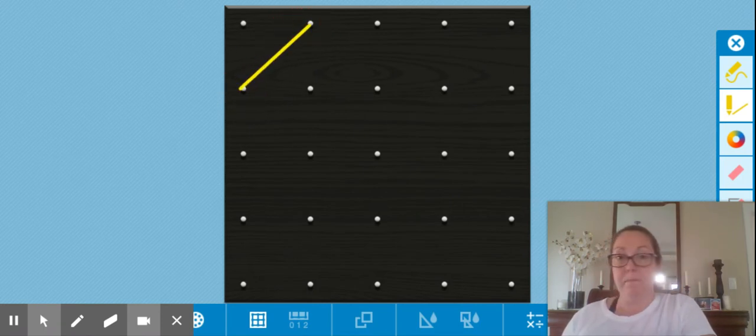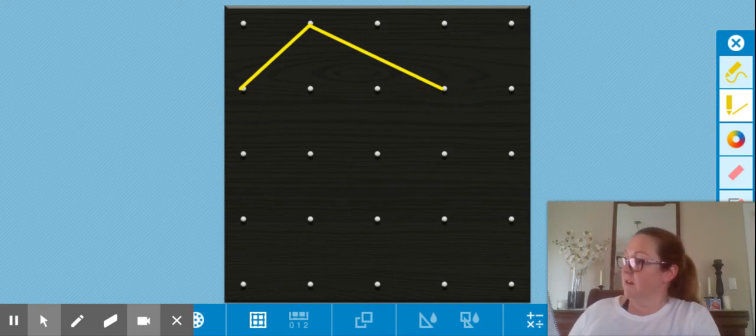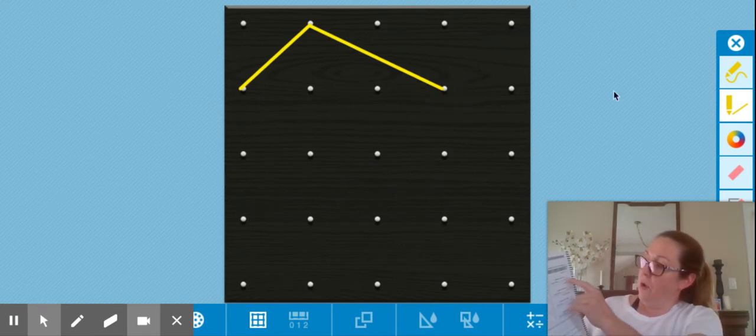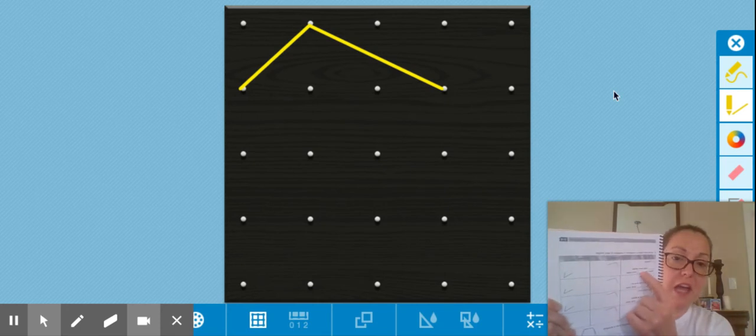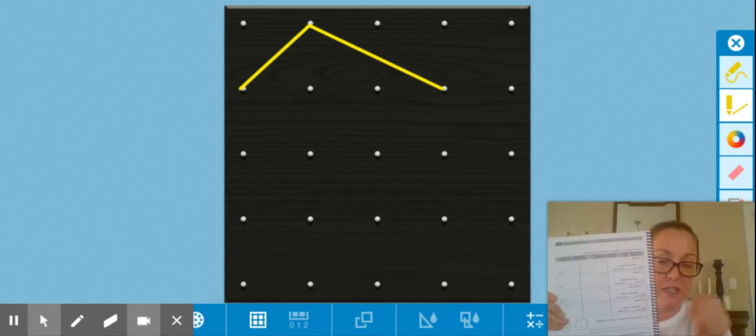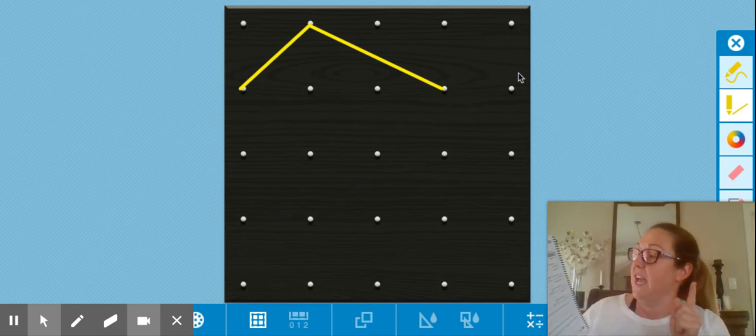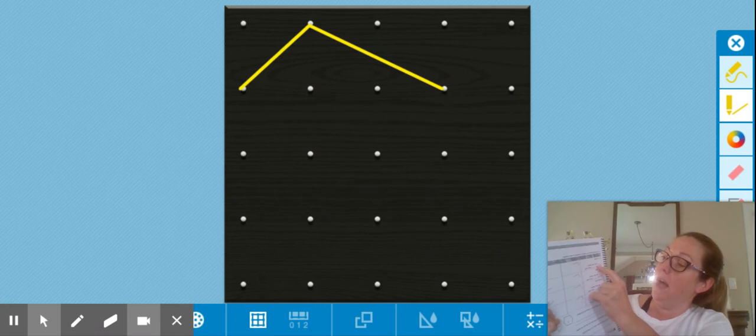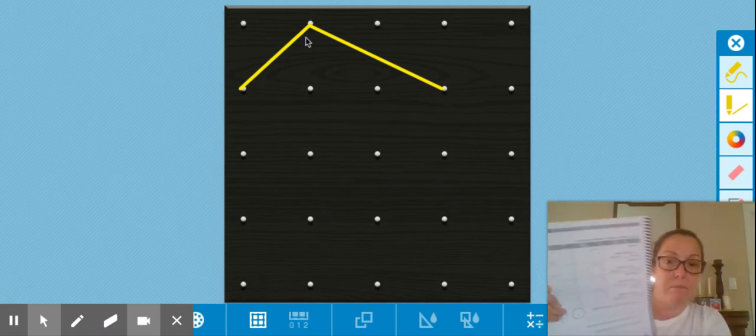They've got this, and then they've got this. And so it says triangle, blank lines were added. Well, you've already got 2 sides there. How many more sides do you need to make a triangle? You just need 1 more. So you're going to have to add 1 more side. So you would write 1 lines were added.